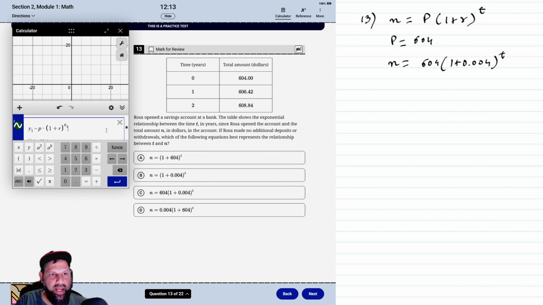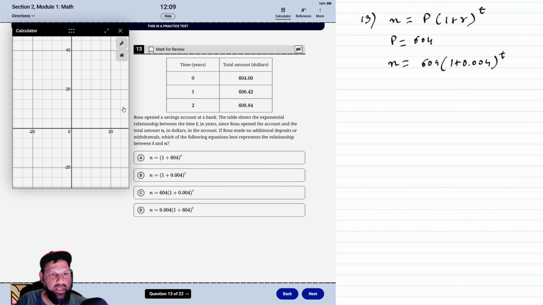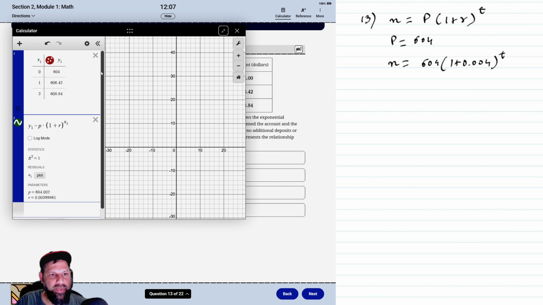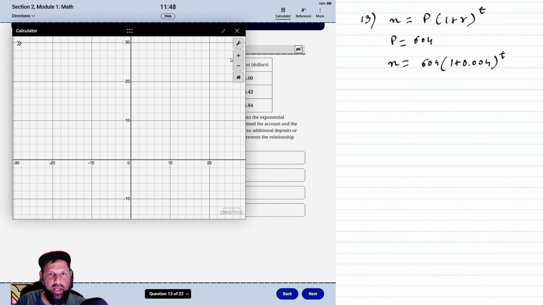Using Desmos, what you will find here is if we expand this, we will get the values of P and R, which are very close to the numbers that are in option C. So P is 604 and R is 0.00399, which is just almost equal to 0.004. So that's going to be our answer.